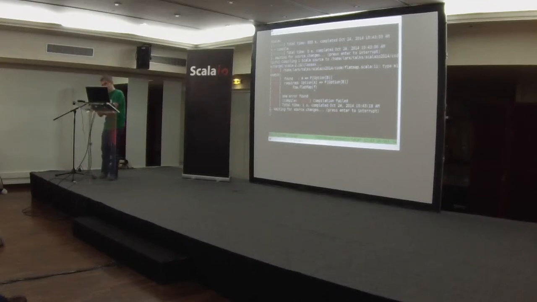But we get a nice error message. What it tells us is that we found a function from A to F of option B, which we got, and it required a function from option A to F of option B. So the return type is already correct. We only need to do something for the input.